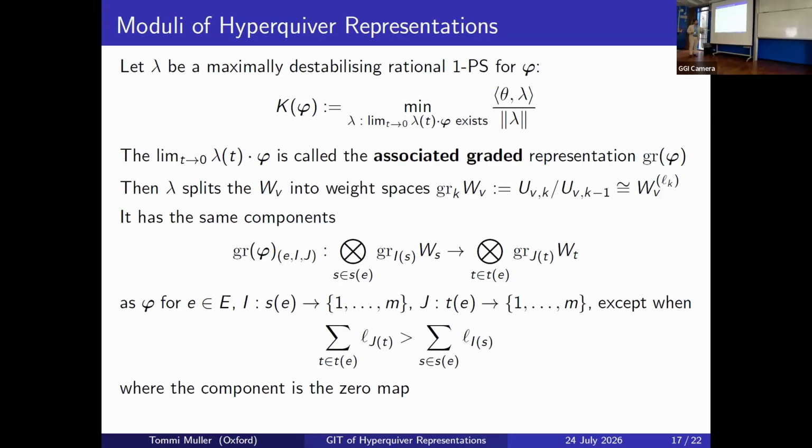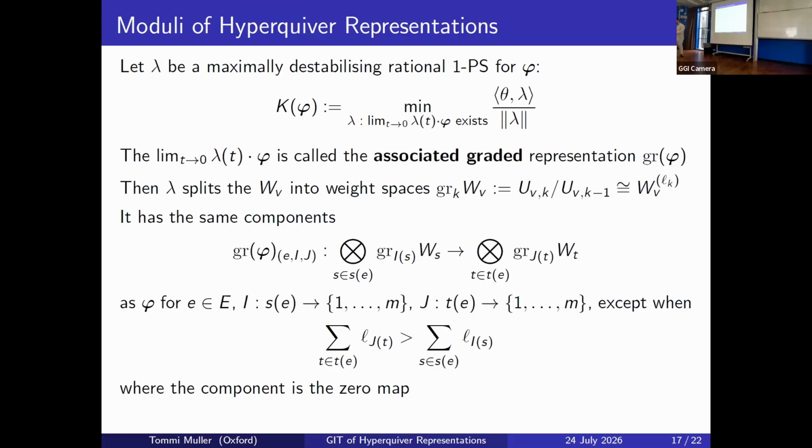And what this inequality is basically just saying, again, is that the limit exists. So if lambda acts by conjugation on phi, then you get some t to the power of the sum of weights at the target minus the sum of weights at the source. And that limit only exists if the target is bigger than the source.